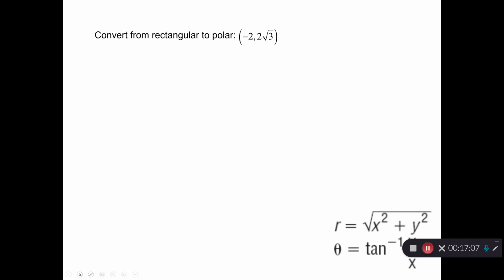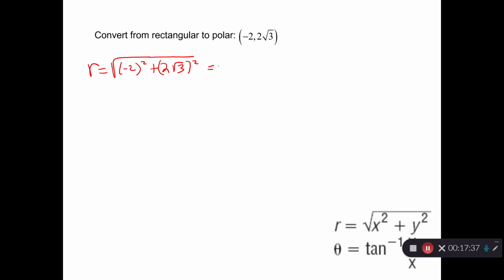I'm just going to go straight to it. r equals the square root of negative 2 squared... So at this point, why don't you pause the video and do a little algebra, and then start it up again, and we'll see if we're on the same page. So go ahead, pause the video, and do the math.